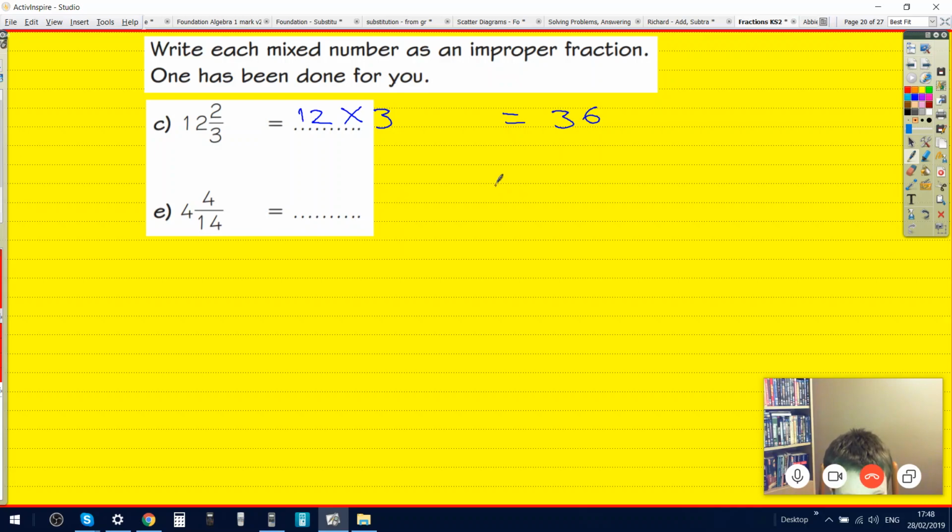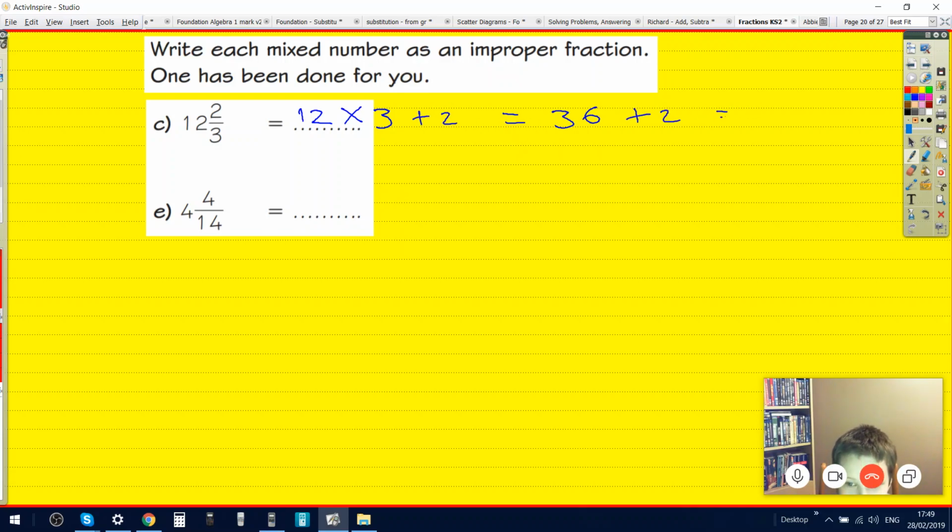So, we have an answer of 36. And so now we need to do 36 add 2, which is 38.